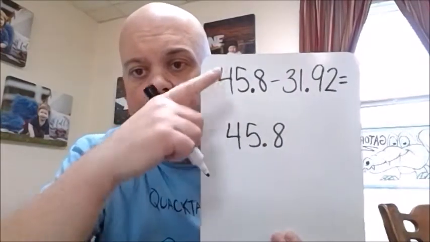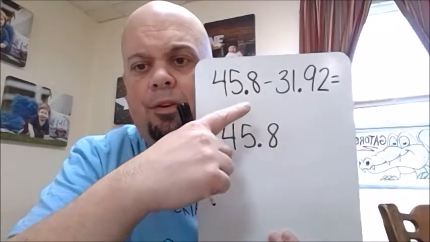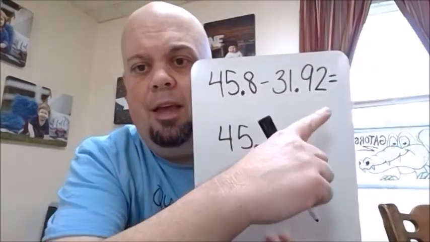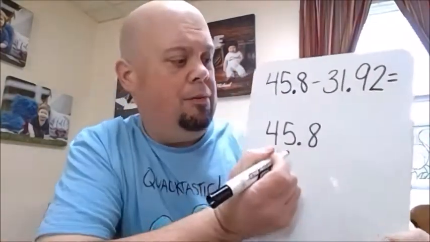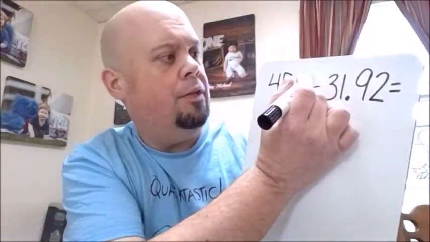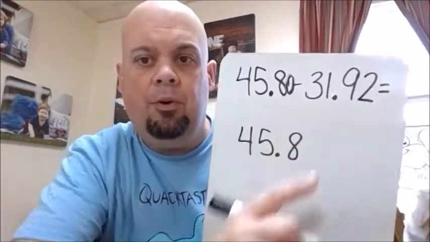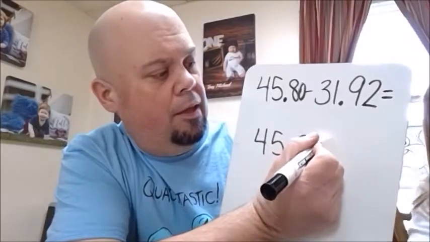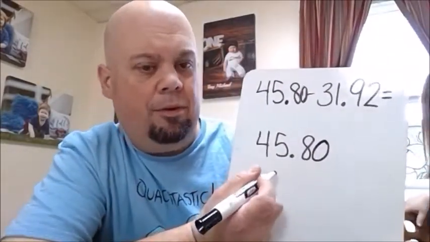The first number always starts at the top. And you notice this one goes to the tenths, and this number goes out to the hundredths. So lining them up could be difficult, and all you really need to do is add a 0, and now they both go out to the hundredths place. Add a 0 here, and then line them up by similar place values.